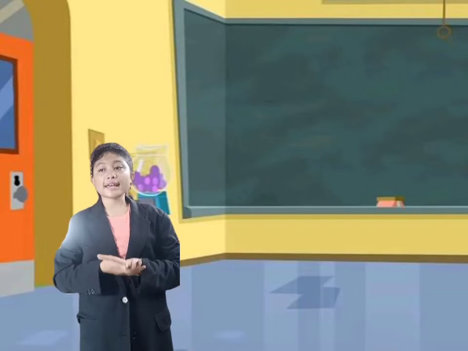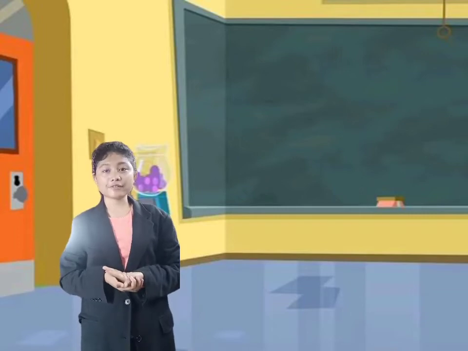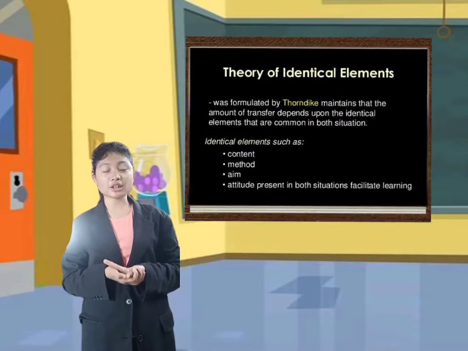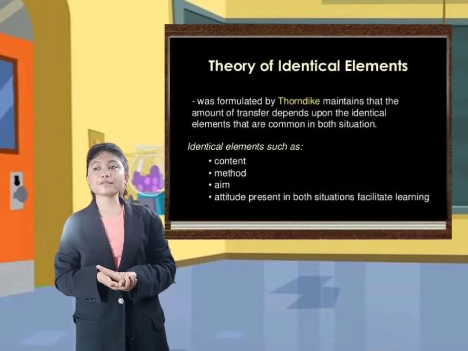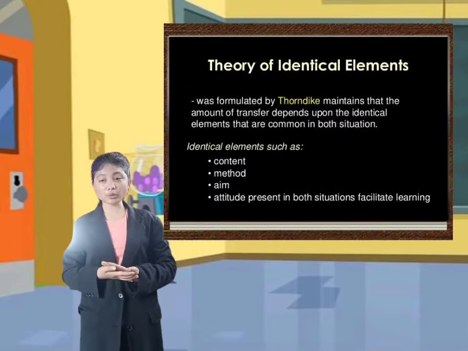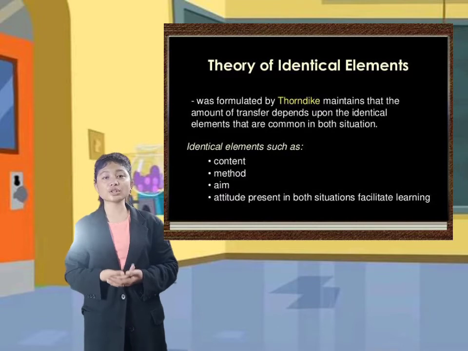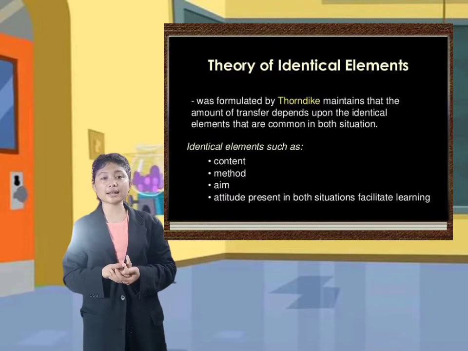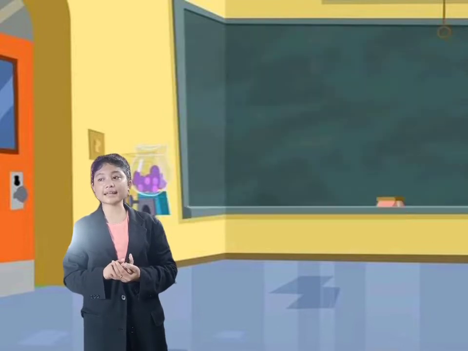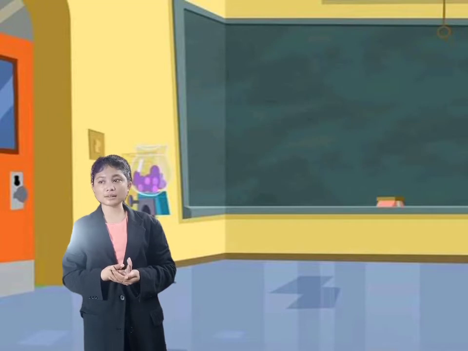So what is the theory of identical elements? This theory has been developed by E.L. Thorndike. According to him, most transfer occurs from one situation to another in which there are more or less identical elements.